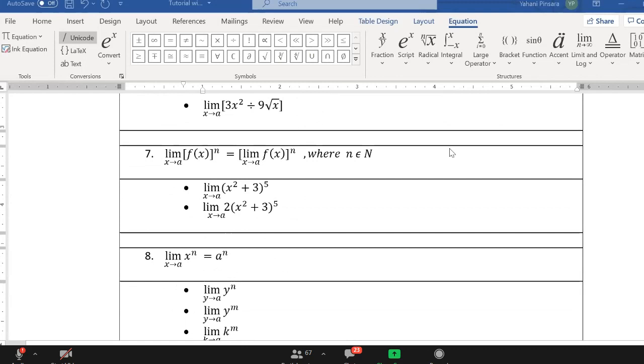No, Hossan's answer, this should be 9 root x.